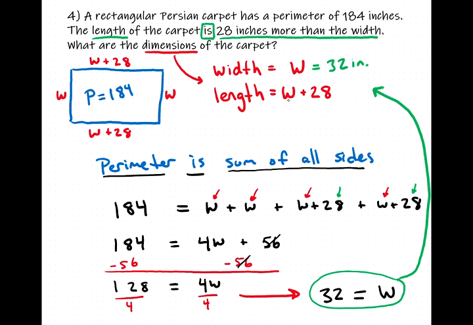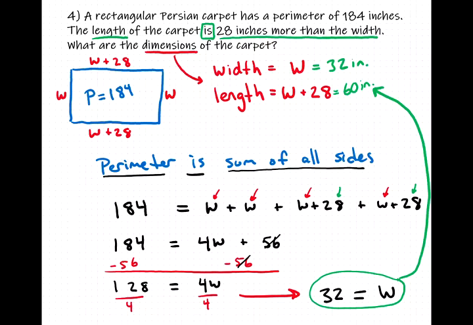So if we plug in a 32 for W, 32 plus 28 equals 60. So the dimensions of this carpet are 32 by 60, or you could say the width is 32 and the length is 60.